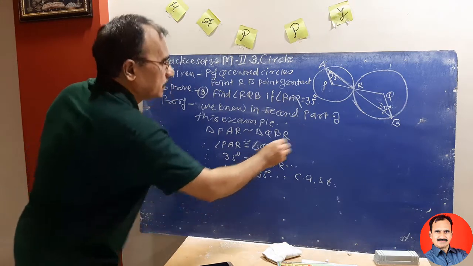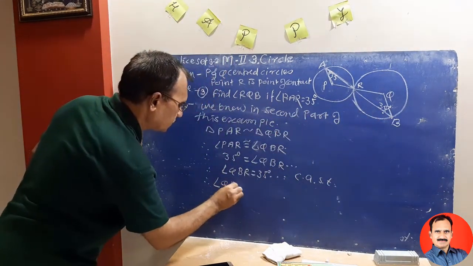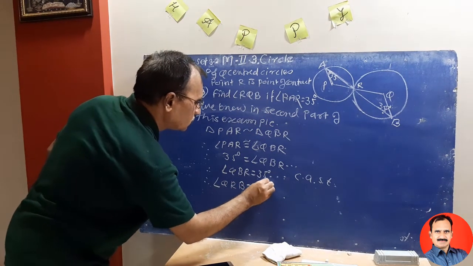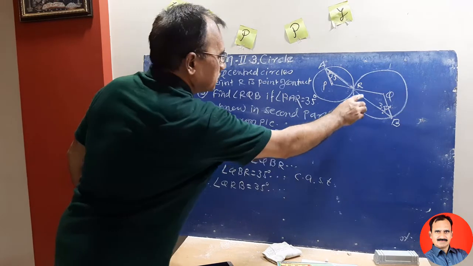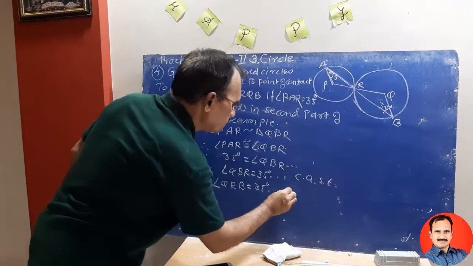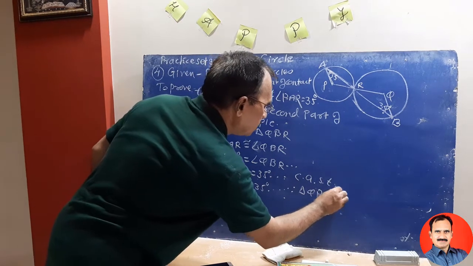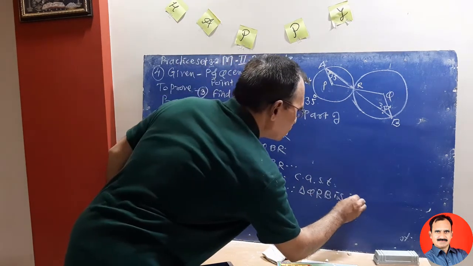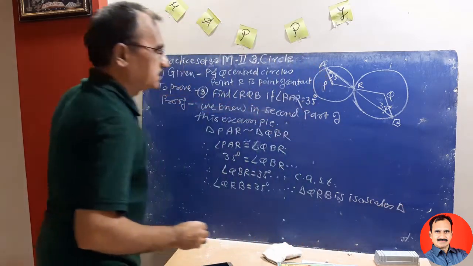Therefore angle QRB is equal to 35 degrees, because triangle QRB is an isosceles triangle.